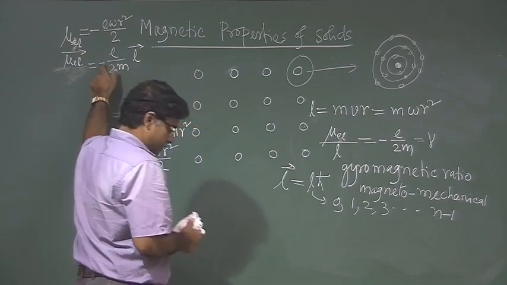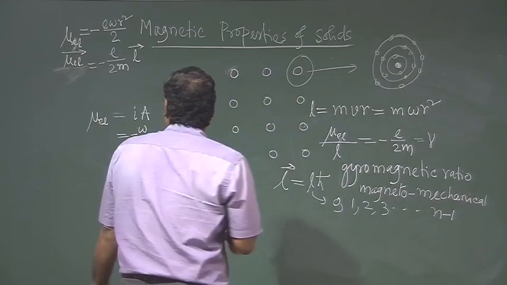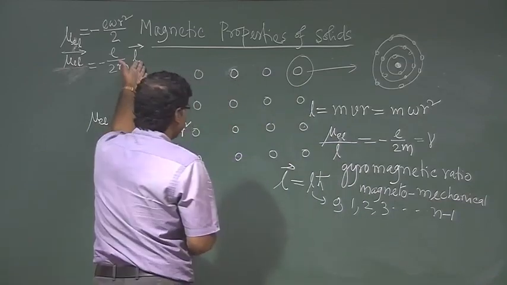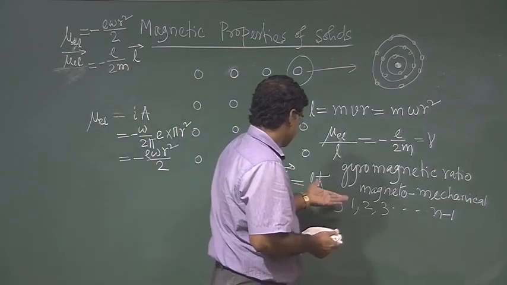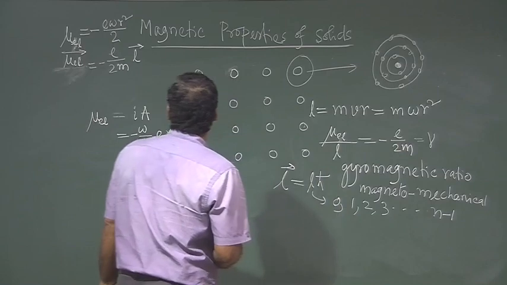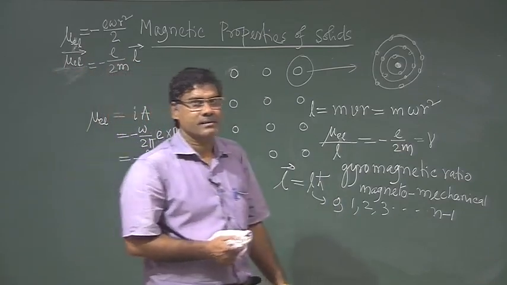That is the significance of the negative sign. For different orbits, L is different, and then you will get different magnetic moments.